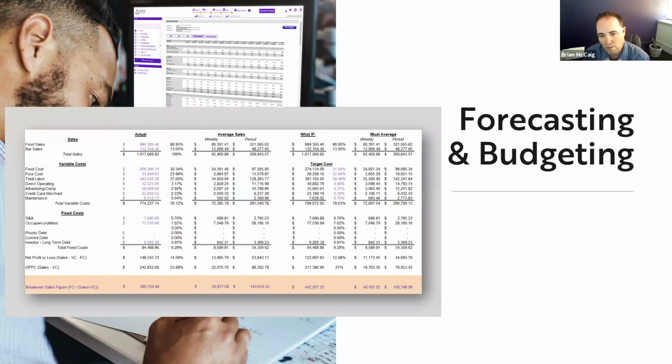So remember, a break-even is a way to factor in all your variable and fixed costs, and it spits out what you need to do in sales to exactly break even, to make $0 in profit. That may not be the goal, but my belief is it's still a really important number to know when you're diving into budgeting, when you're diving into forecasting. It's important to understand there are two different kinds of break-evens a restaurant should be looking at.